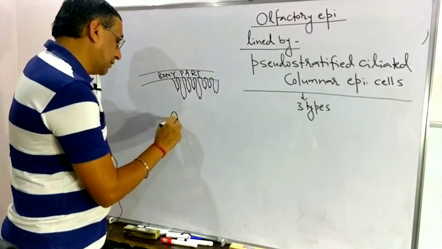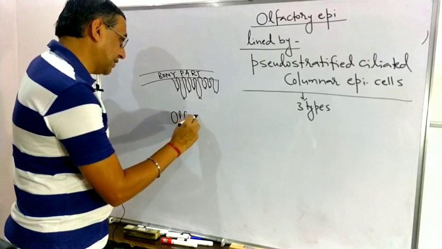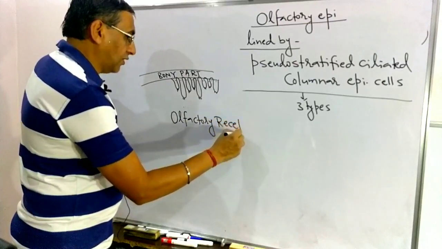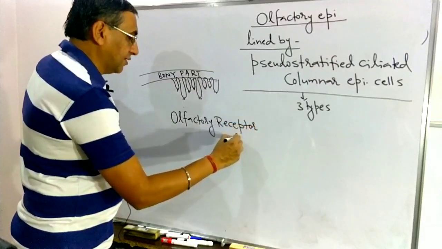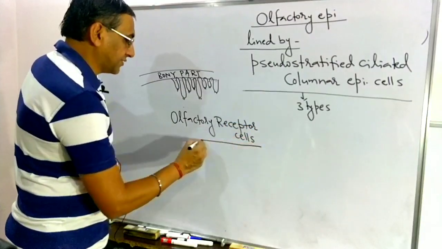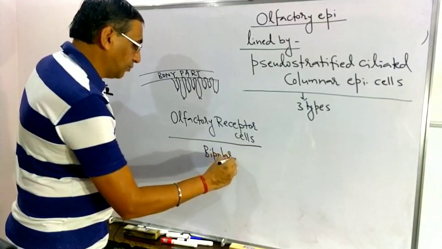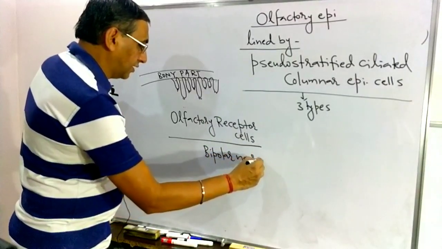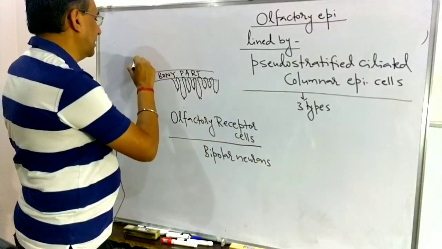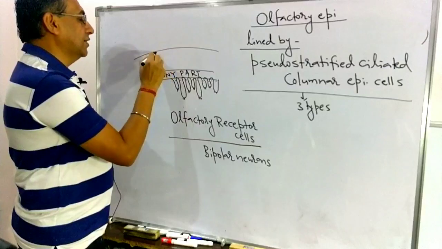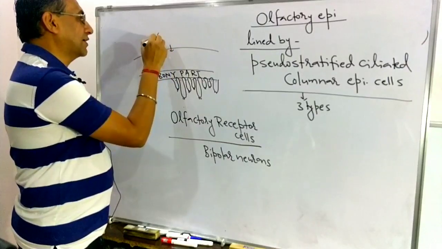Basically the olfactory receptor cells are the bipolar neurons. This is the upper part, the roof of the nasal cavity here. This part is known as the olfactory bulb.